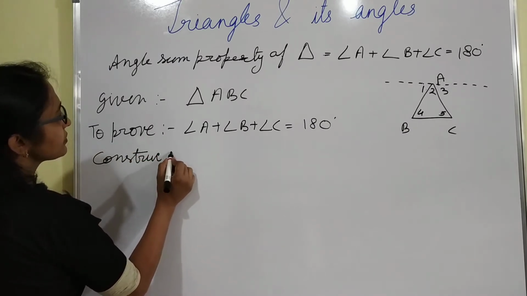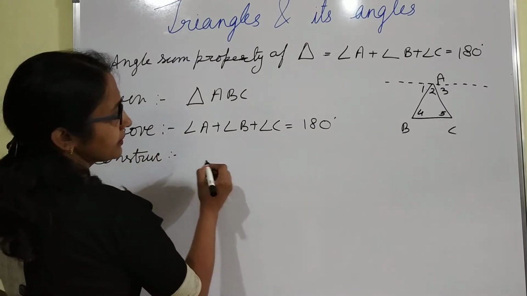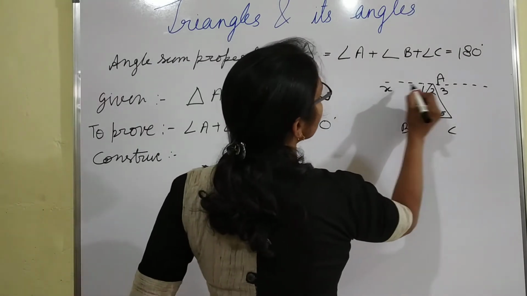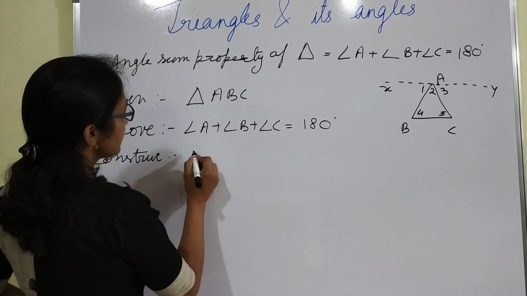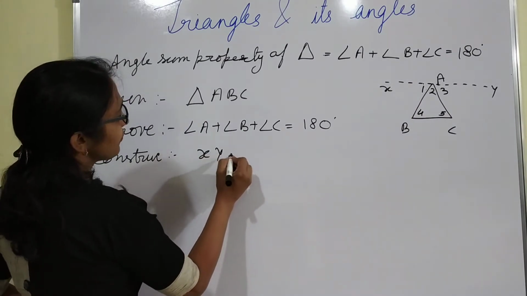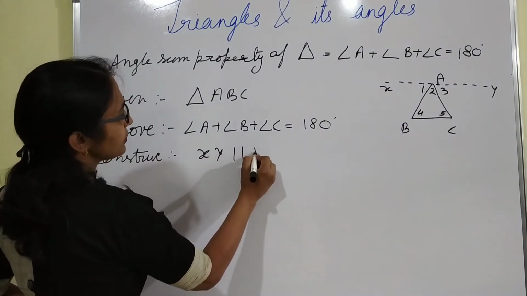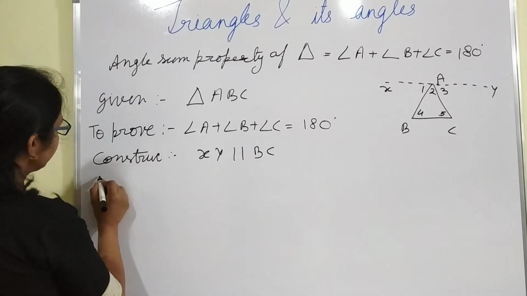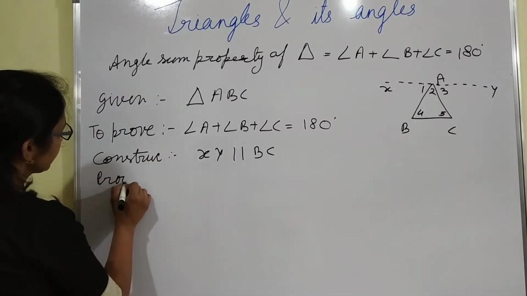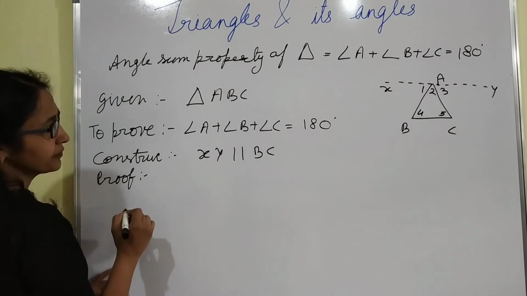Construction is XY is parallel to BC. Okay. Now proof.